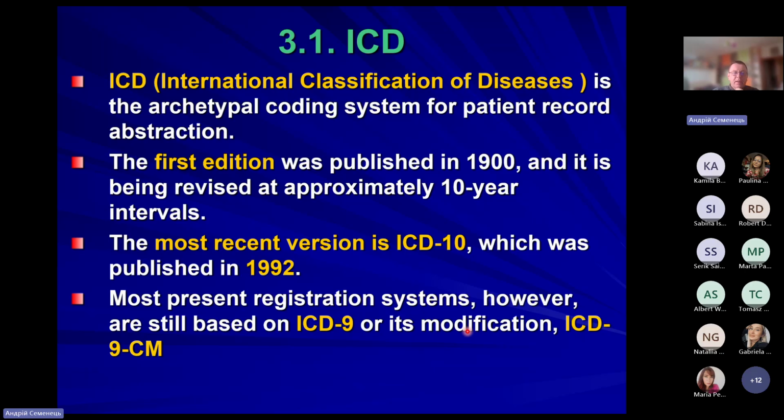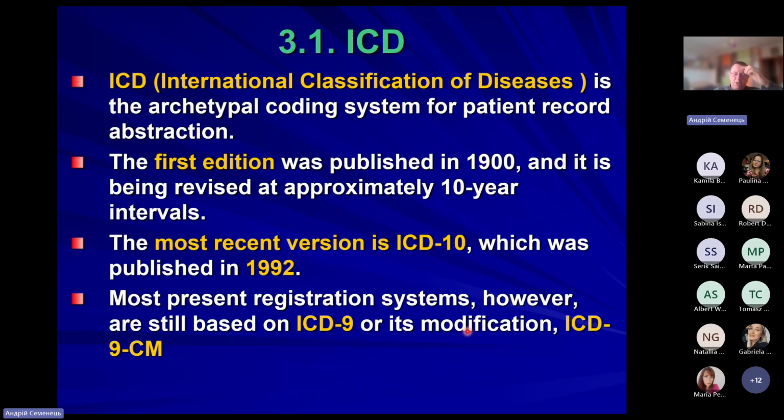Okay, ICD, International Classification of Diseases, the archetypal coding system for patient records abstraction. The first edition was published more than 100 years ago, well before the first digital computer could be made. Here we have some little mistakes.